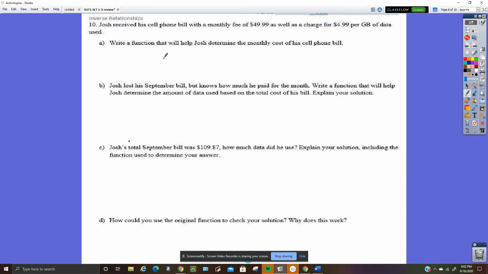So you could say that cost is equal to 4.99 per gigabyte plus $49.99.